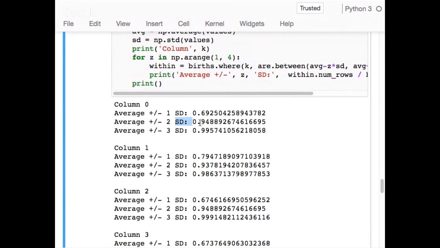Within 2 standard deviations, I got 95%. Here's 99%. So well above my Chebyshev bounds. My Chebyshev bound says there is at least 0% of my data within 1 standard deviation, so this is well above. It says there's at least 75% of my data within 2 standard deviations, and we got 95% here.